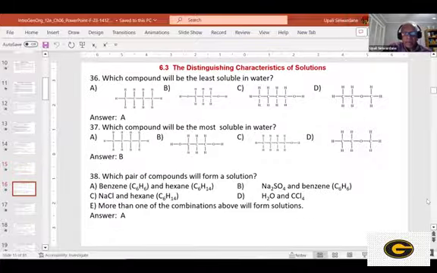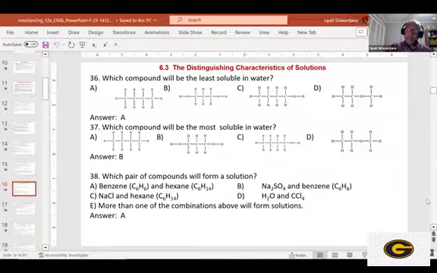So these questions ask how one substance dissolves in another. From the molecular structure, you can tell based on the intermolecular force, London dispersion, hydrogen bonding, or dipole-dipole attraction, which one will be making the strongest interaction and shows more solubility.